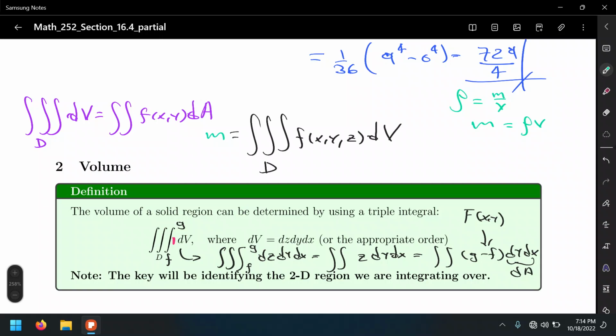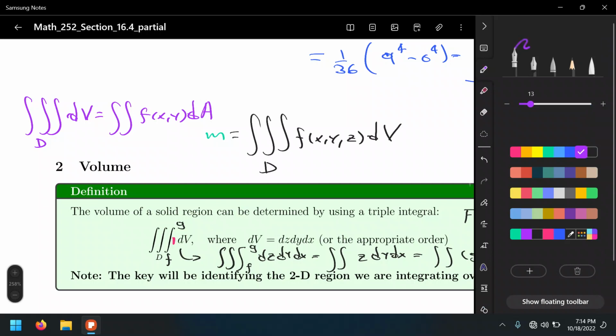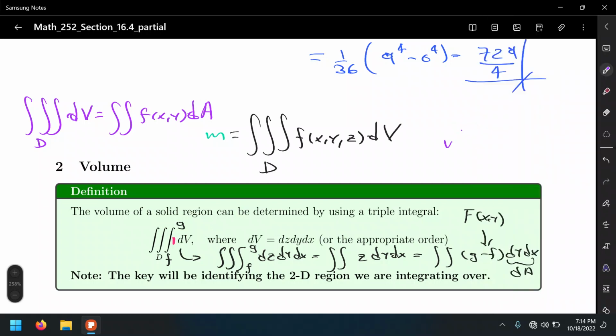All right? And actually, we already did something like this back in calculus too. You might remember the 1D version, when we had the mass equals the integral from a to b of the function rho of x dx. So what we were really doing is finding the linear density, which is kind of weird because we were finding the mass of that wire of length between a and b.